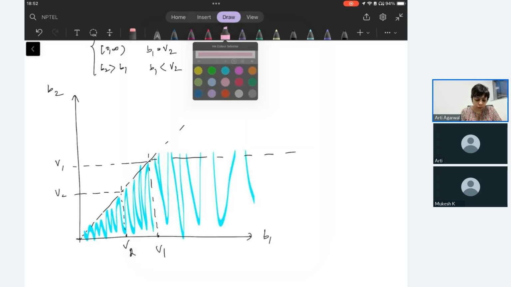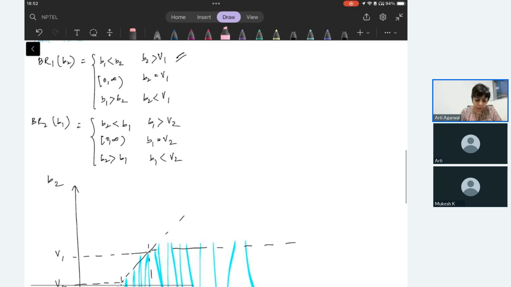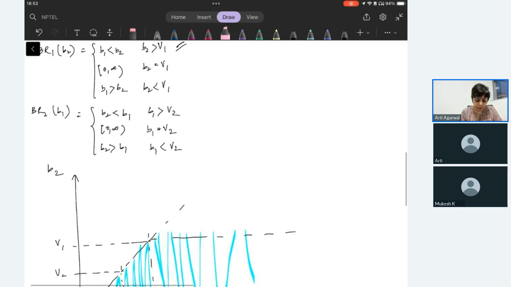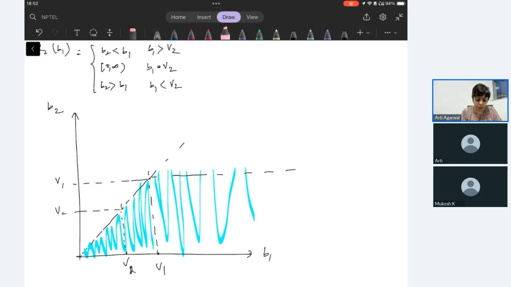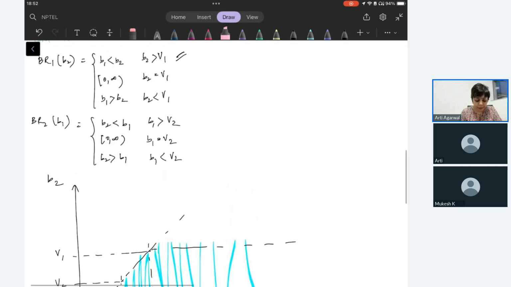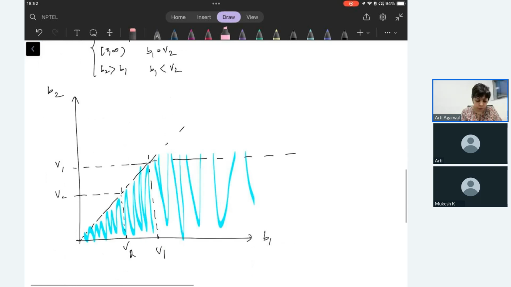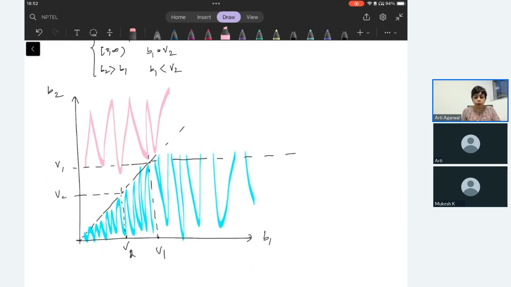Now in the remaining part, if B2 is less than B1, which means this side of the curve, what player 1 wants to do is B1 greater than B2. In this part, B1 greater than B2 is the strategy he or she will want to play. This should be in the same color.